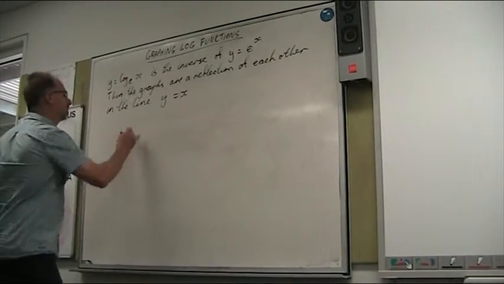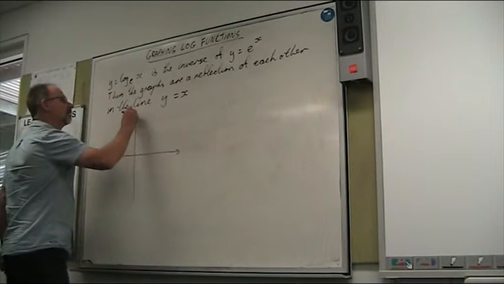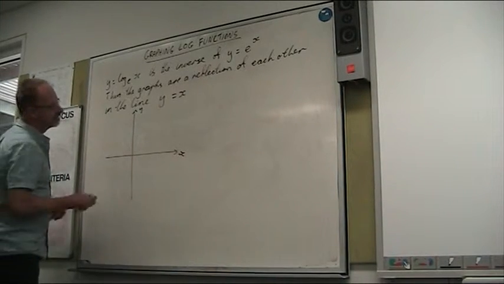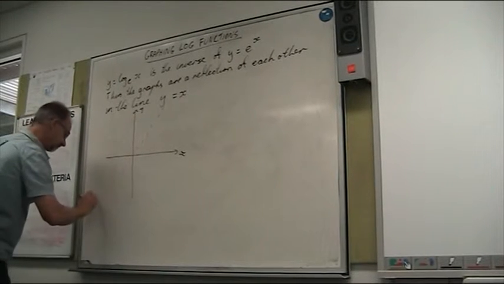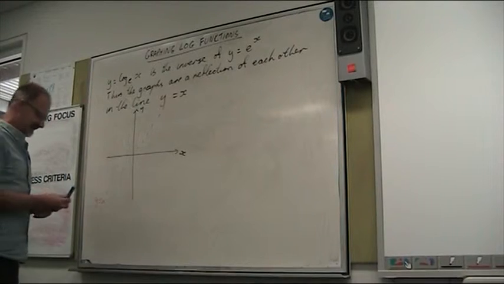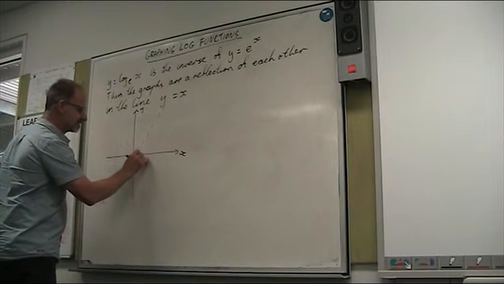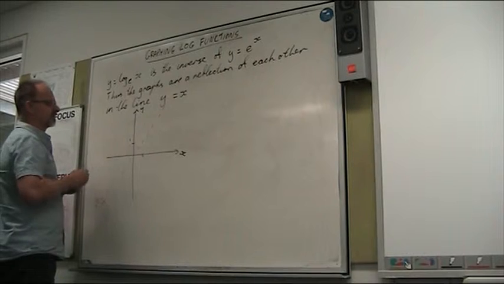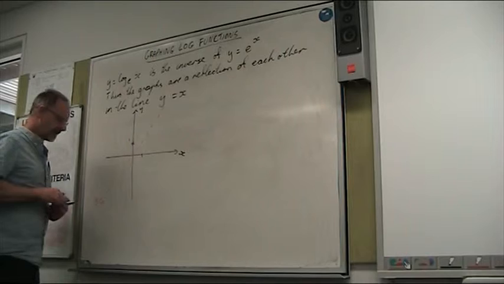Right, so that would look something like this. The line y equals x is this red one. The graph of e to the x goes through the y-axis at 1, because anything to the 0 is 1.